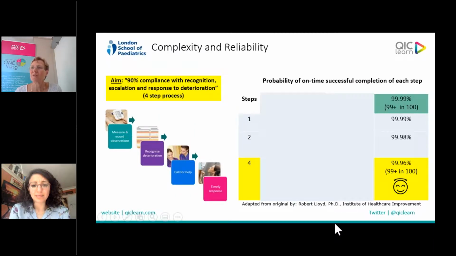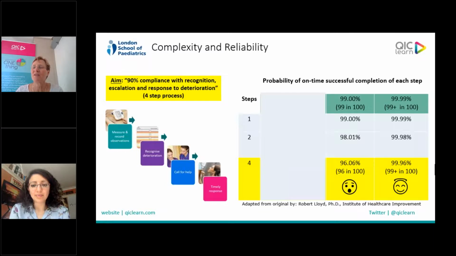If you have 4 steps and 99.99% reliability, more than 99 people out of 100 get a really good service. After 4 steps each at 99% plus, you still have about 99 plus people out of 100 who have a good experience.